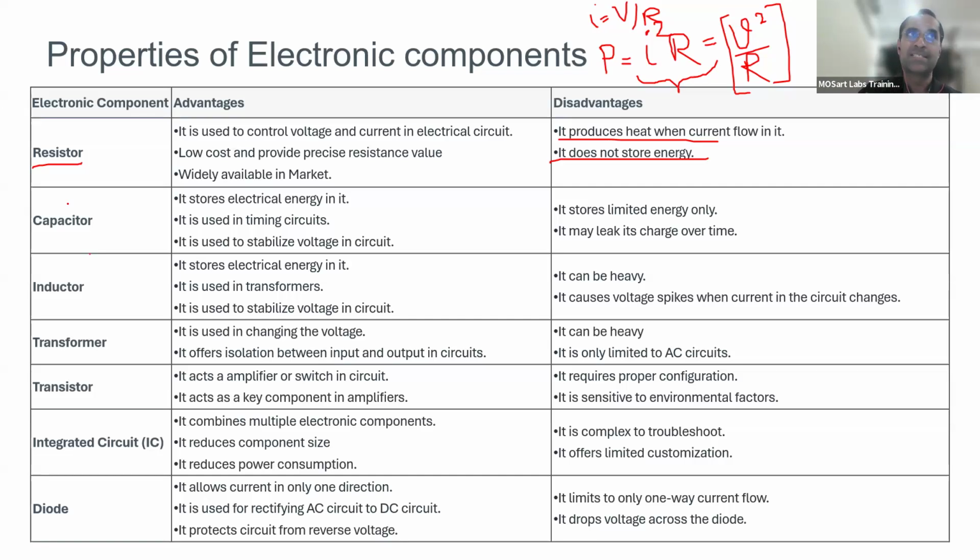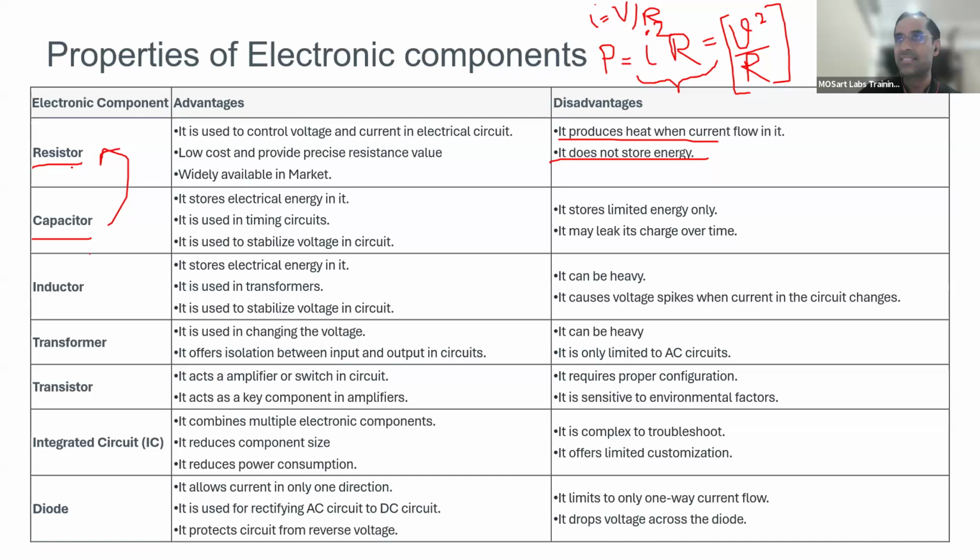Capacitor is exactly opposite. Capacitor is nice, so it stores electrical energy. And the only way a capacitor can discharge is when you connect a resistor. The only way the capacitor will start discharging, the stored energy gets discharged, is when you have a resistor or resistance in series.